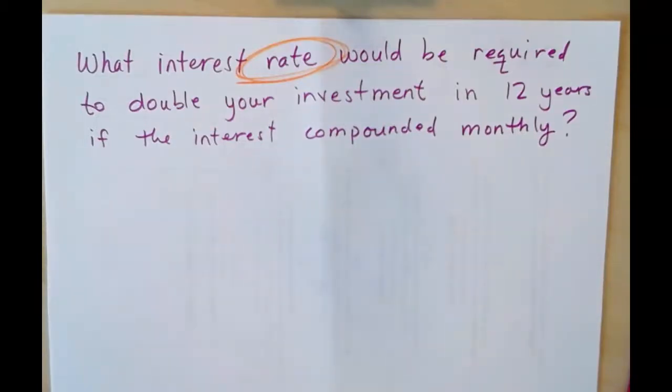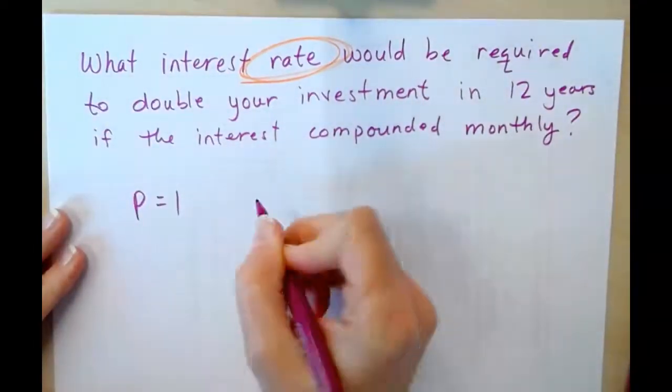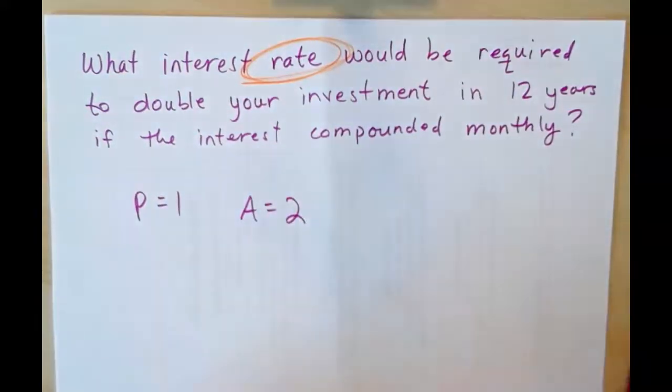Did I give a principal? If I didn't give one, does it matter? No. All right, so Zoe, give me a number. 1. Easy enough. Let P be 1, and if we double it, then that means A would be 2.